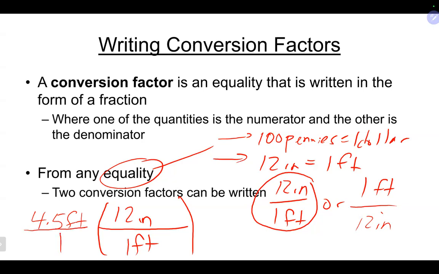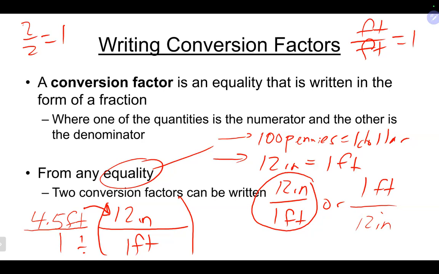So to get rid of them, the feet need to be on the bottom. It's the same thing. If you took 2 divided by 2, it equals 1. If you took feet up on top and divided it by feet, it would equal 1. So they essentially cancel each other out, the actual units. And what we're doing here is multiplying everything on the top and then dividing by whatever may be there on the bottom. In this case, they're all 1s, not much dividing.